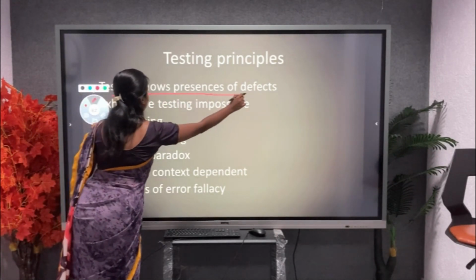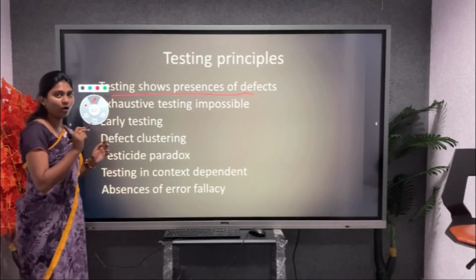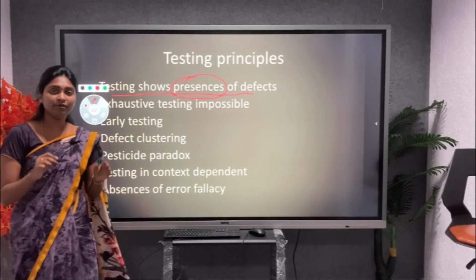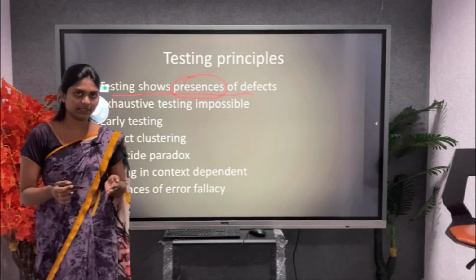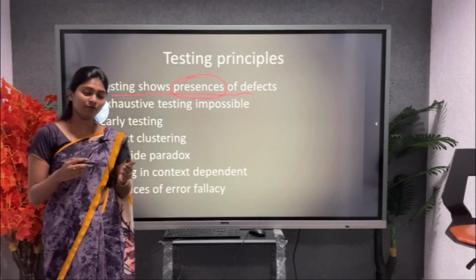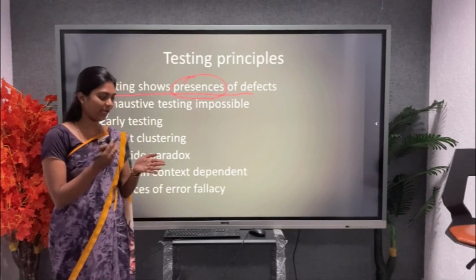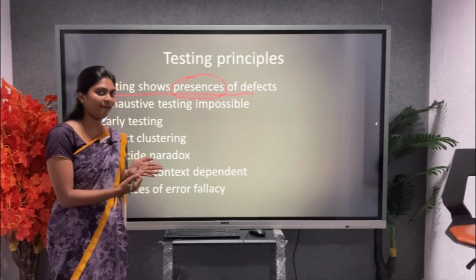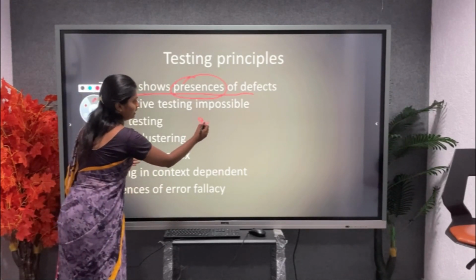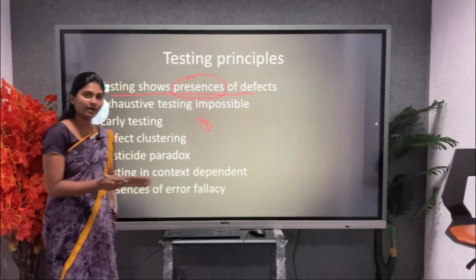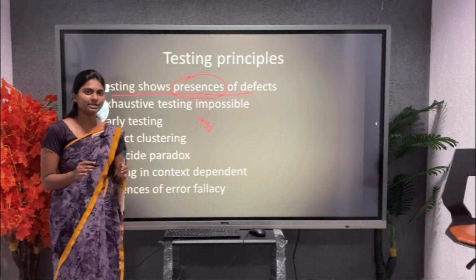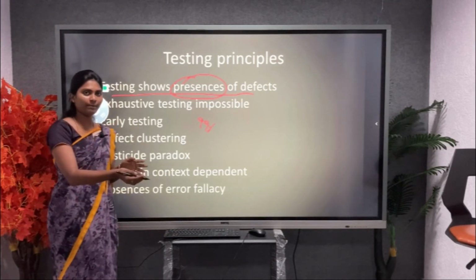Testing shows the presence of defects. What is the presence of defects? It means when we are executing and releasing the data, we have a mark that it is 99% bug free when it is released to the market.